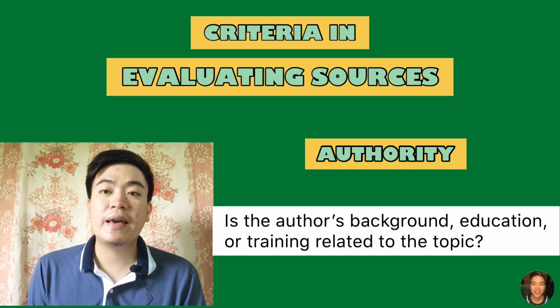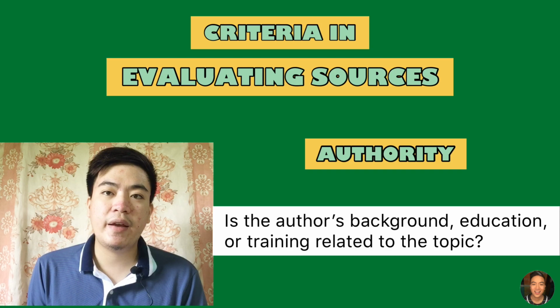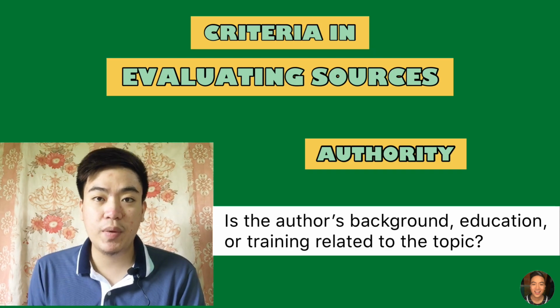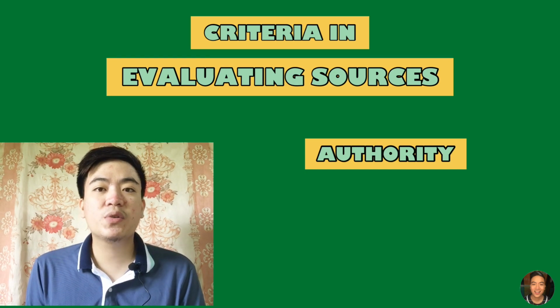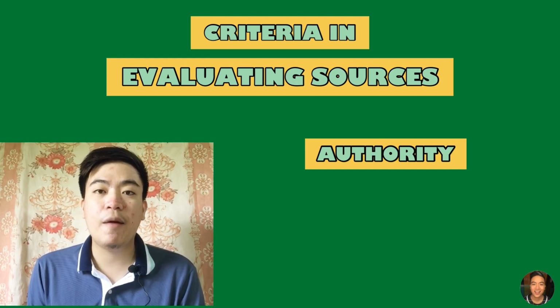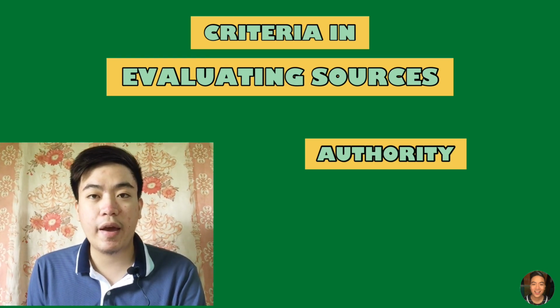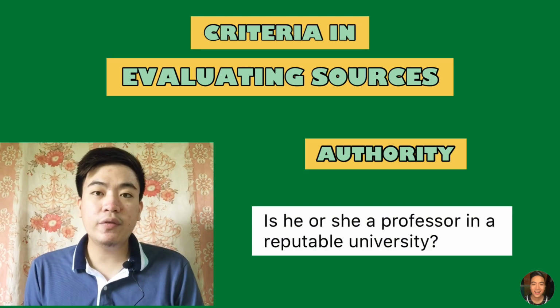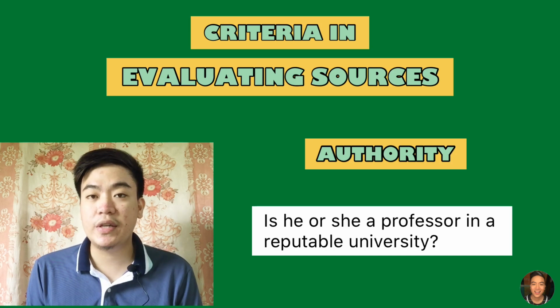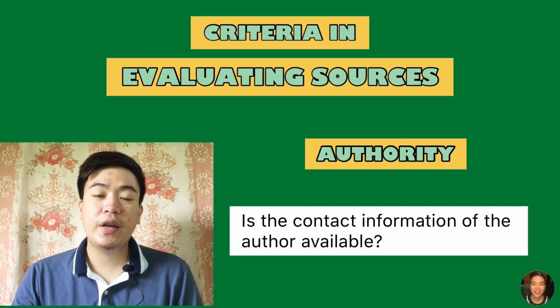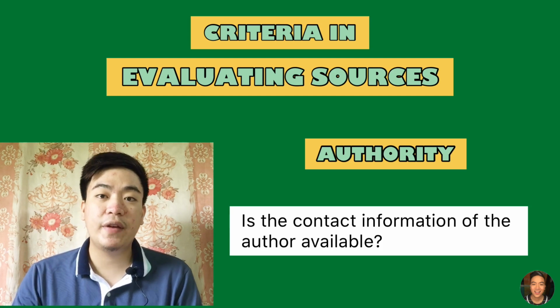Assess if the author has relevant training about the topic so that you know if this author is credible enough to write about that specific area or field. Check if the author is a professor or instructor from a reputable university. And also check for the contact information of the author if it is available.